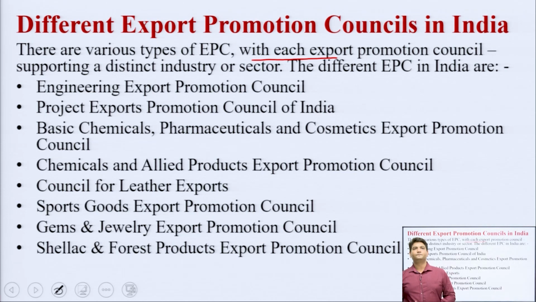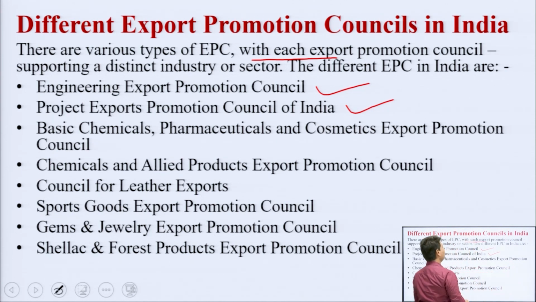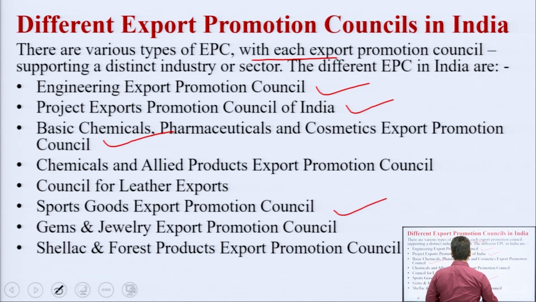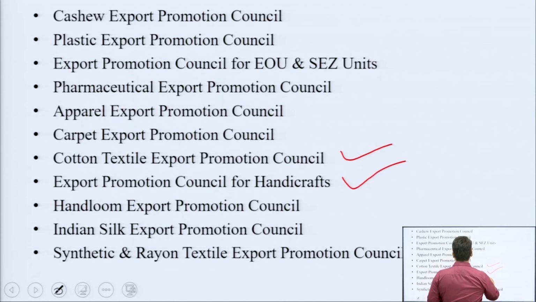The different EPCs in India are Engineering Export Promotion Council, Project Export Promotion Council of India, Basic Chemicals, Pharmaceuticals and Cosmetic Export Promotion Council, Chemicals and Allied Products Export Promotion Council, Council for Leather Exports, Sports Goods Export Promotion Council, Gems and Jewelry Export Promotion Council, Shellac and Forest Product Promotion Council, Cashew Export Promotion Council, Plastic Export Promotion Council, Export Promotion Council for EOU and SEZ units, Pharmaceutical Export Promotion Council, Apparel Export Promotion Council, Carpet Export Promotion Council, Cotton Textile Export Promotion Council, Export Promotion Council for Handicrafts, Handloom Export Promotion Council, Indian Silk Export Promotion Council, and Synthetic and Rayon Textile Export Promotion Council.